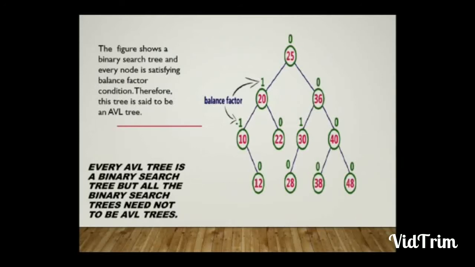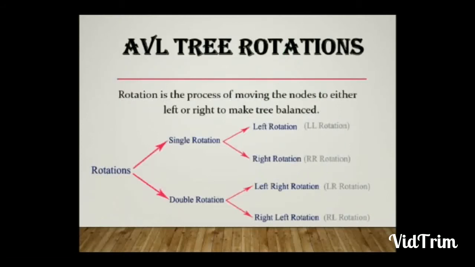If you notice, every node has the value 0 or 1, which is the correct value for a balanced tree to be an AVL tree. Every AVL tree is a binary search tree, but not all binary search trees are AVL trees. When it comes to AVL trees, rotations are the most important topic.